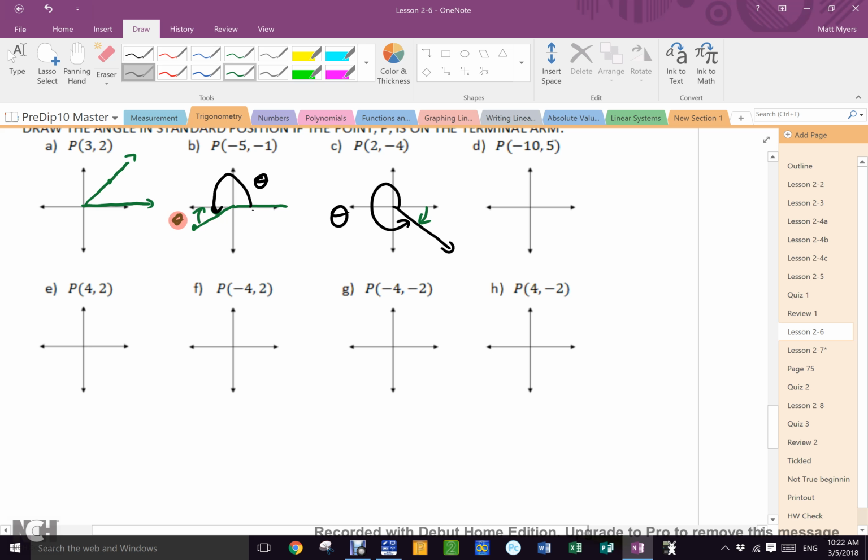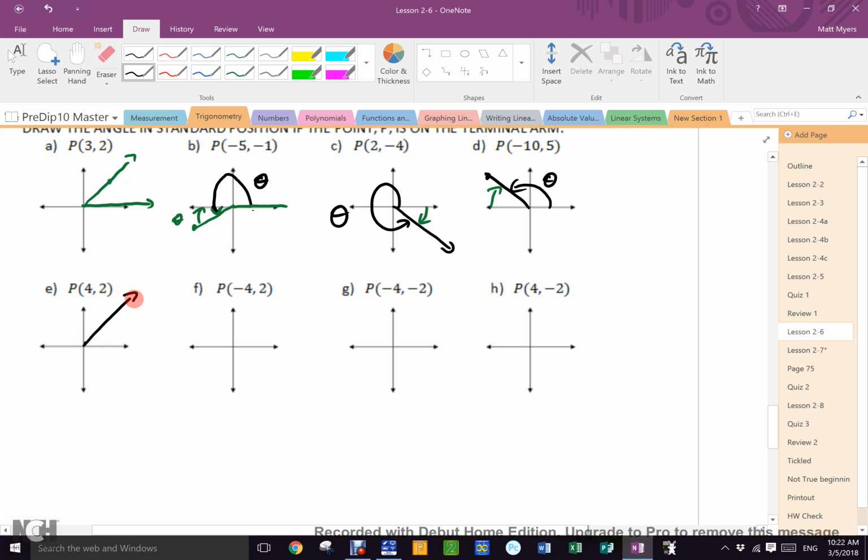No, 180 plus. No, theta minus 180. What would this guy be? 360 minus theta. Negative 10, 5. Be up there. There's theta. What would the reference angle be? It's 180 minus theta. Excellent.